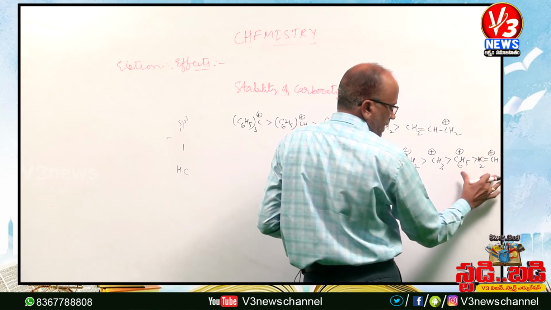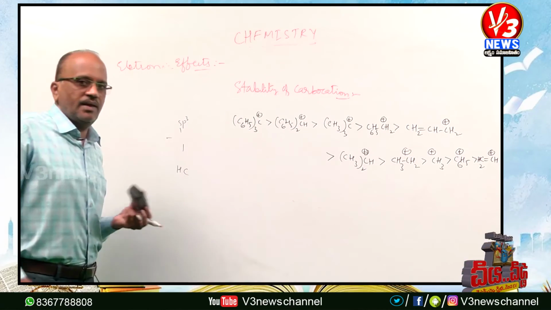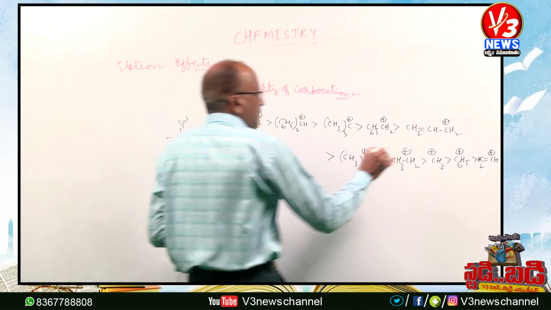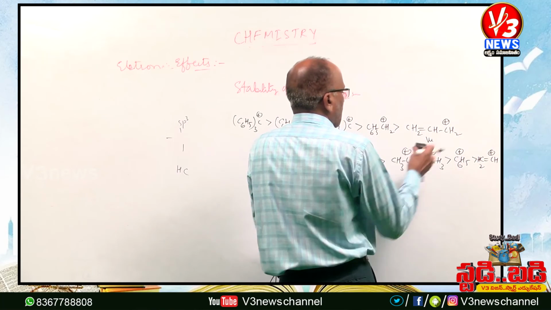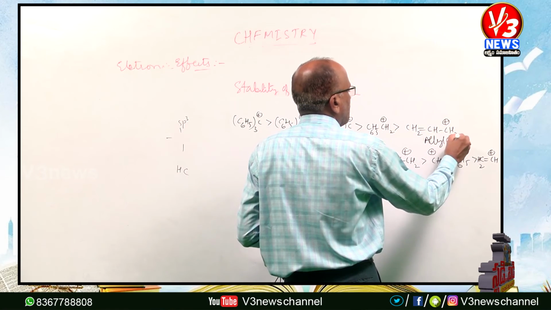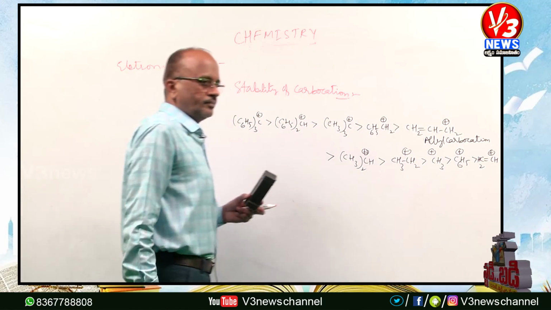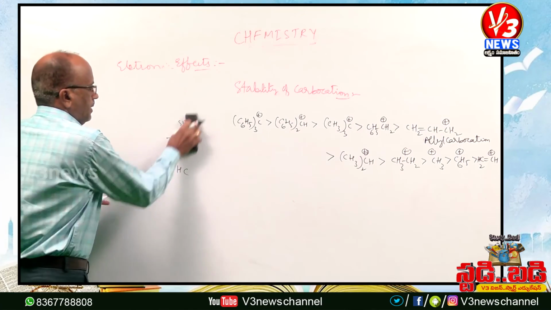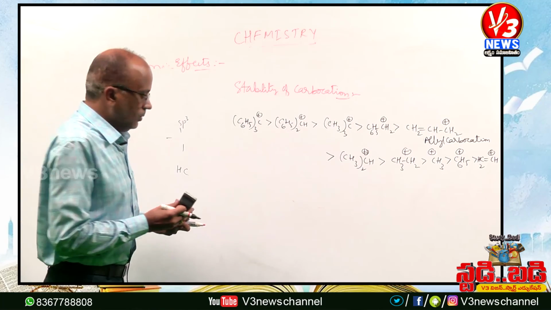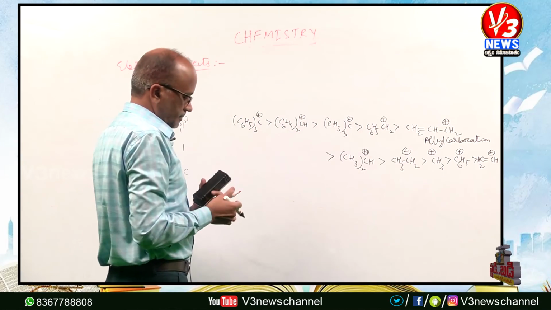These are the least stable carbocations. This is the stability order. This one is the allyl carbocation, which is also stabilized by resonance.